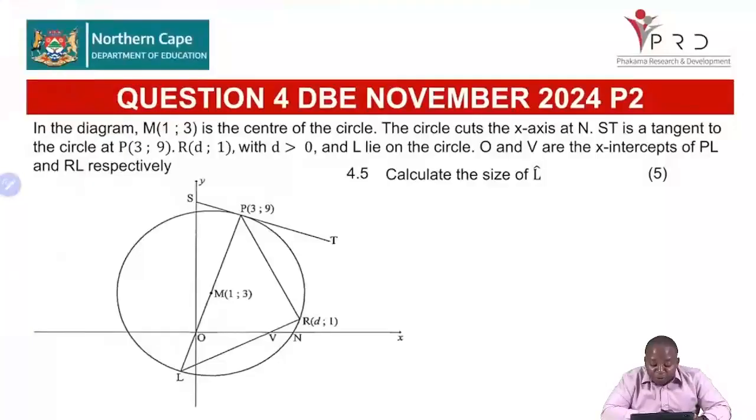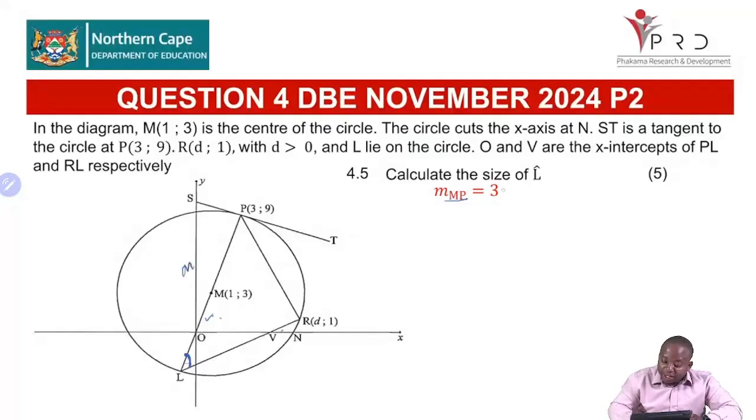Now let's proceed to 4.5. 4.5 says calculate the size of L. So for L, we are looking for that angle right there. Now to find that angle of L, we need to work with the angles of inclination here. So the first thing that I'm going to do is work around this angle here and see how much that angle is. And remember, I've already found the gradient of MP.